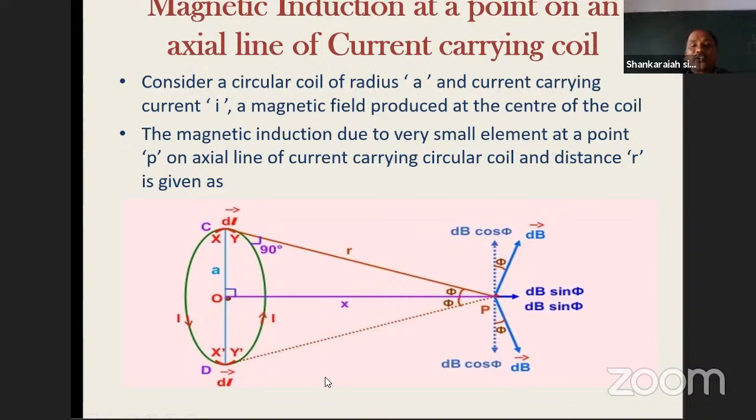Resultant is under root of P square plus Q square plus 2PQ cos theta, where theta is the angle between them. The angle between the two dB cos phi components is 180 degrees. Cos 180 value is minus 1.